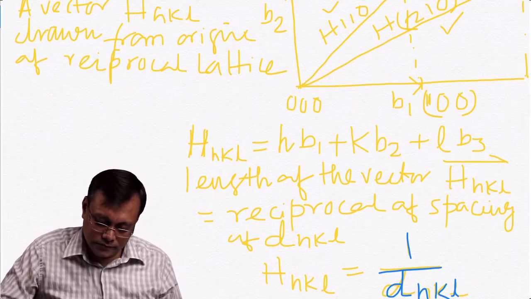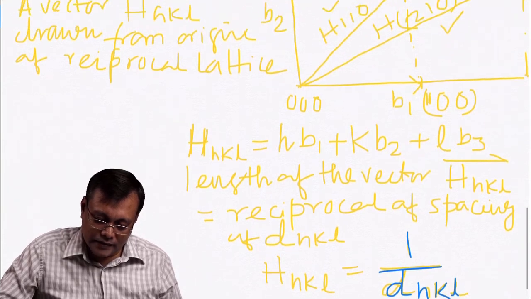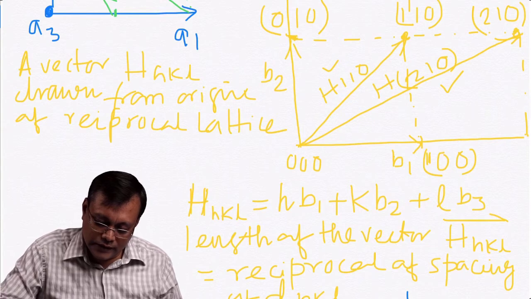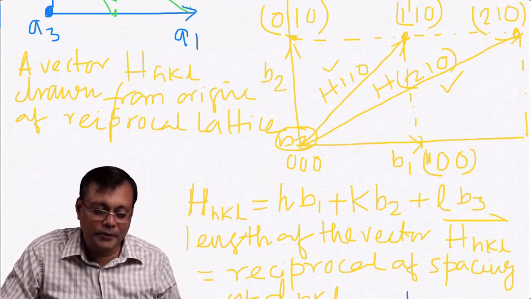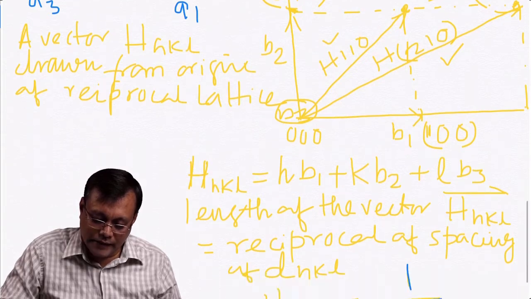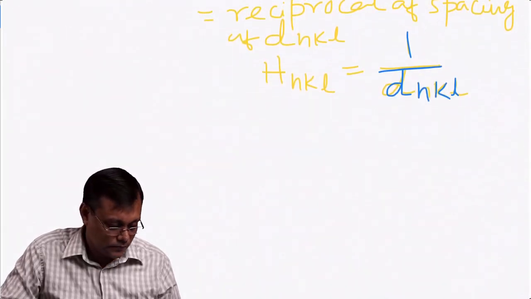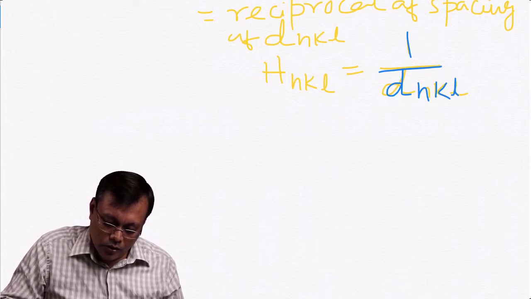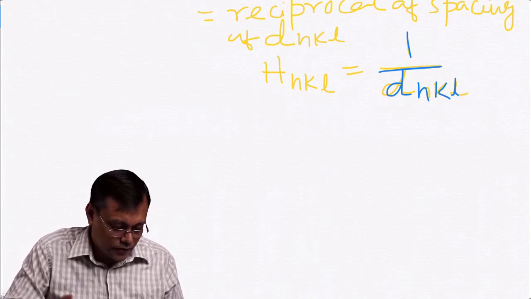So the vectors that we have drawn, B1, B2, I can also write here B3, because B3 is basically perpendicular to this particular plane where B1 and B2 are lying. Well, so what do we learn out of it?